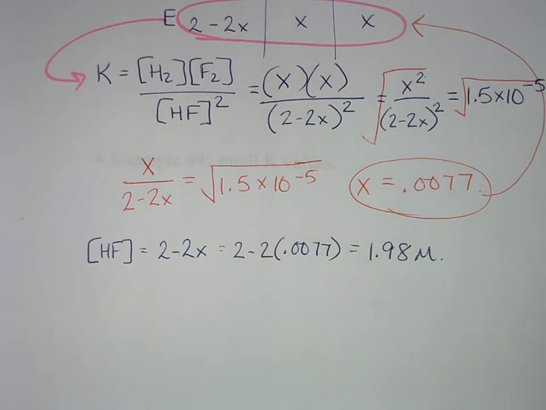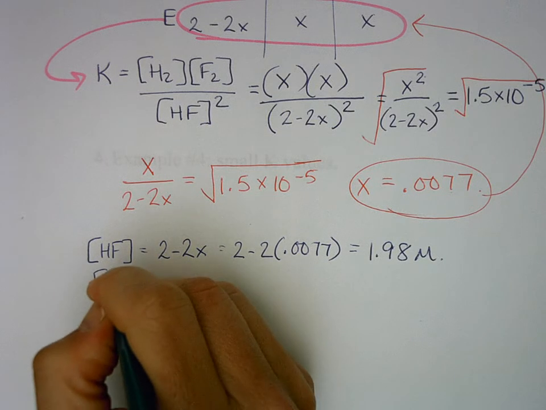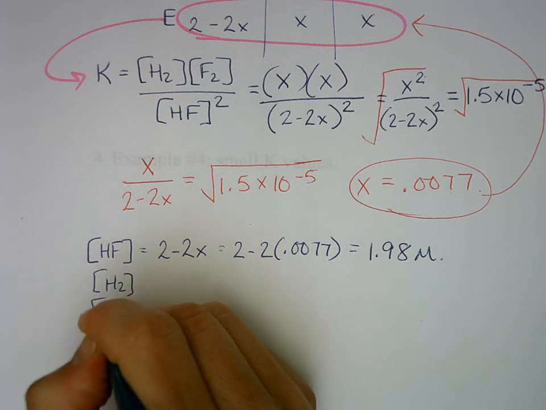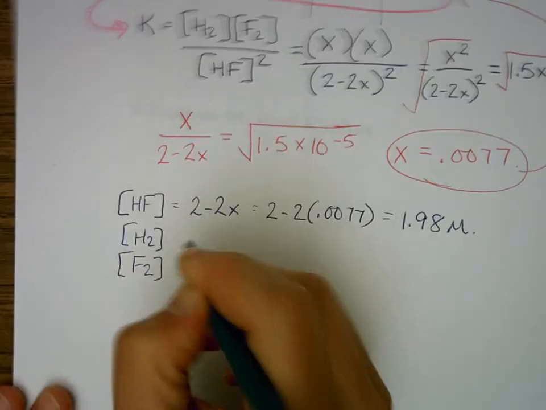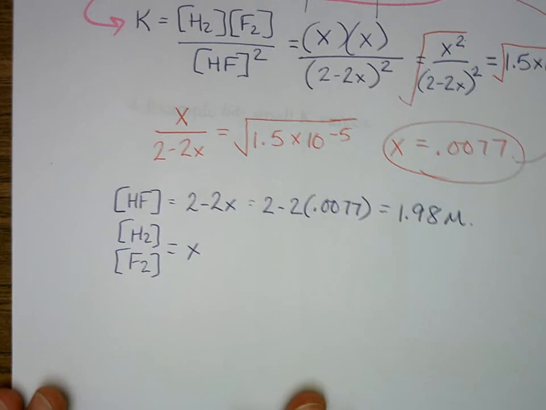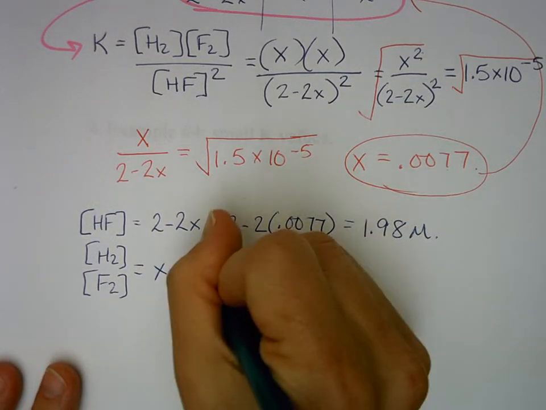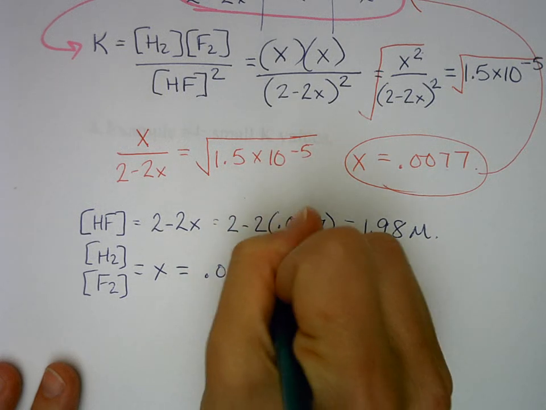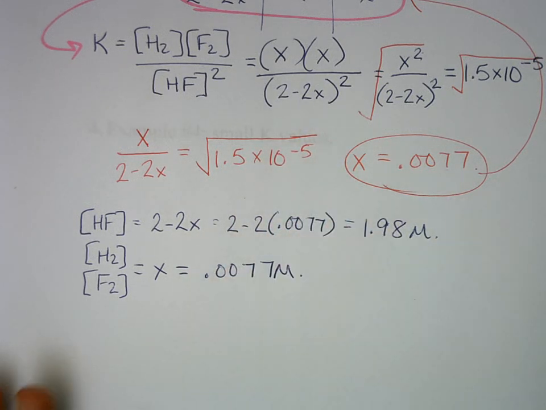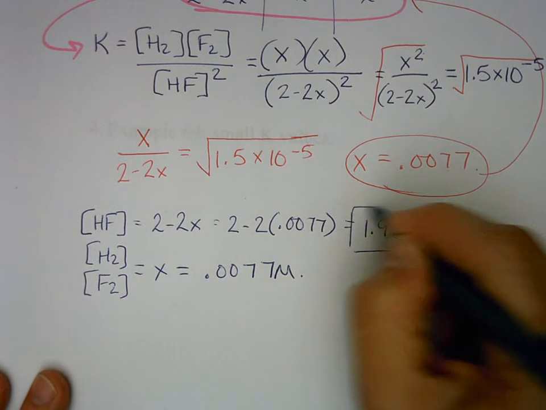My concentration of H2 and my concentration of F2 both equal x, just from my chart, which makes both of those concentrations 0.0077 molar. The question is, what are the concentrations at equilibrium? And those are your answers.